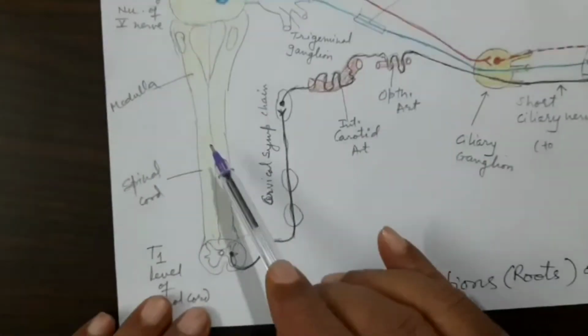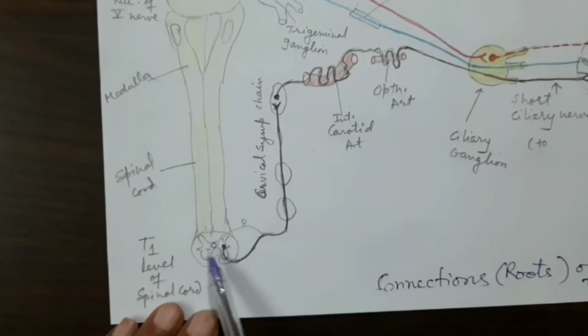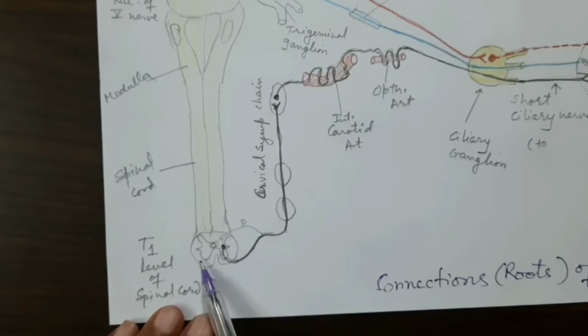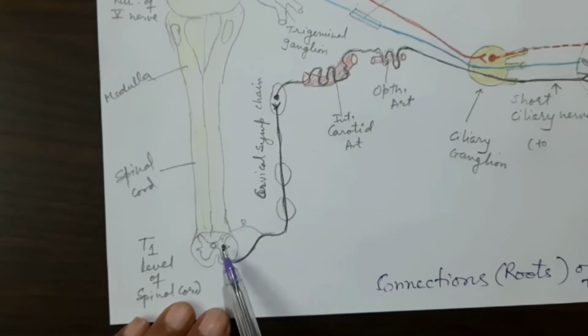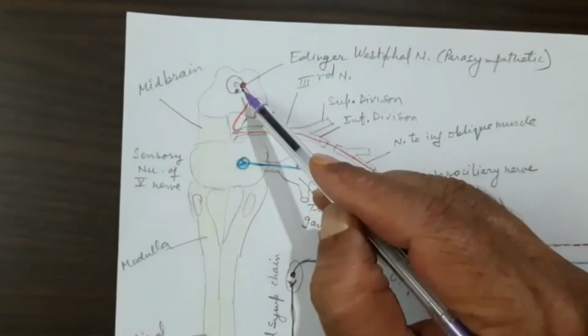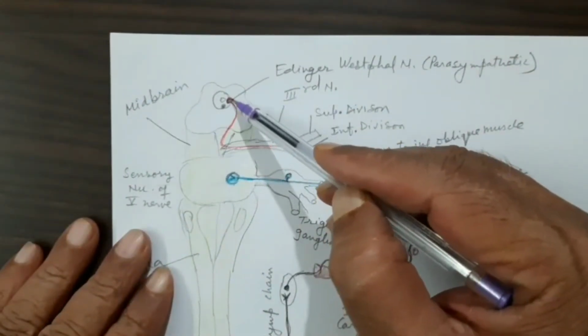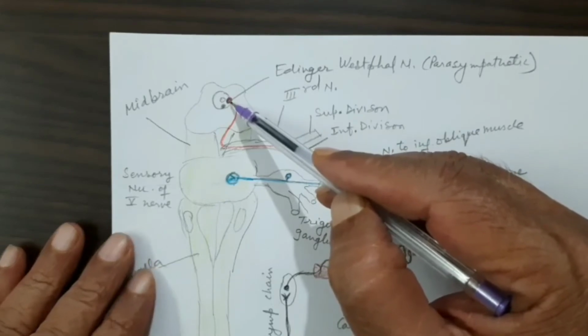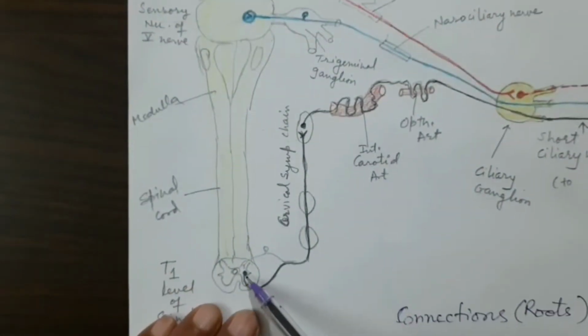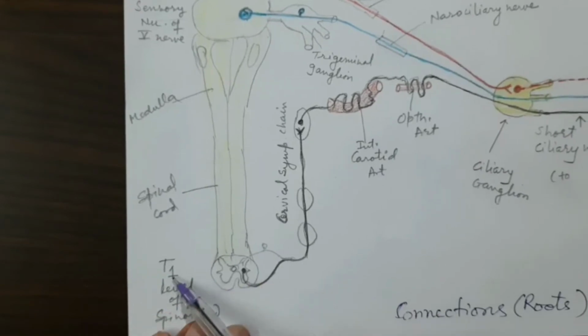The third type of connection is with the help of the sympathetic fibers, and this is the thoracic one spinal segment in a cross section, with the lateral horn, which is the collection of the preganglionic sympathetic neurons. This was the preganglionic parasympathetic neuron in the midbrain, but here it is the preganglionic sympathetic neuron at the T1 level of the spinal cord.